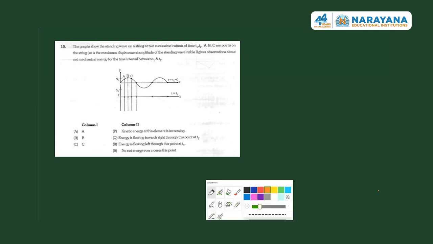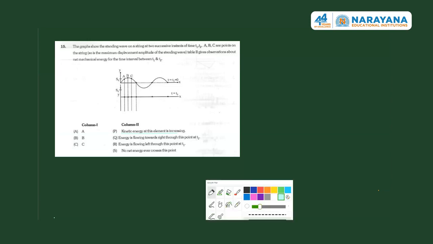Then there is some instance t = t2. A, B, C are points on the string, and A0 is the maximum displacement amplitude of the standing wave. Their peak positions are given to you. Table 2 talks about the observations about the net mechanical energy for the time interval between t1 and t2.